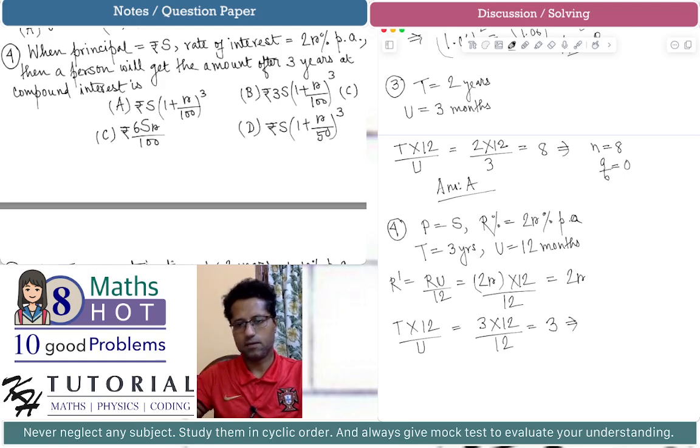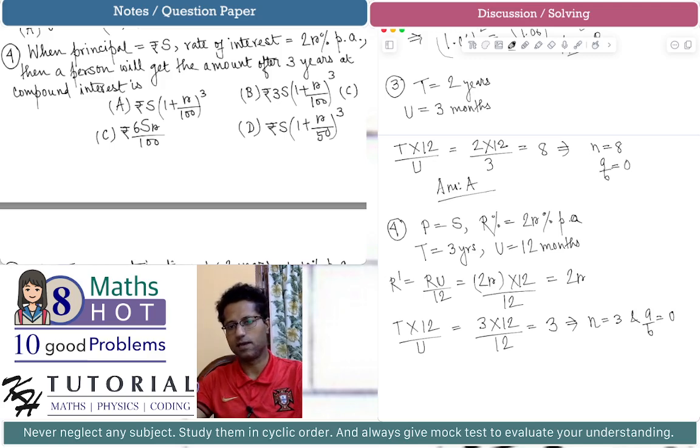This will imply that small n will be 3, and the fraction part a by b will be equal to 0, because we need to express the value of t multiplied by 12 divided by u as a mixed fraction in n and a by b. From there, because we need the value of small n and a by b in the formula. Okay.